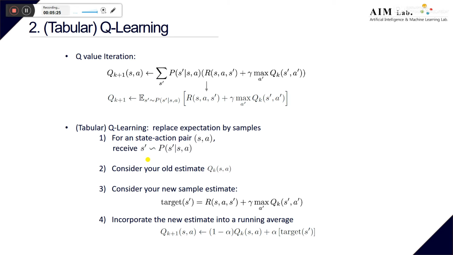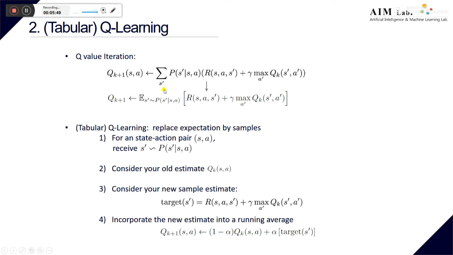So tabular Q-learning is a way to solve the first limitation. The top of the slide shows the usual access to the dynamics.